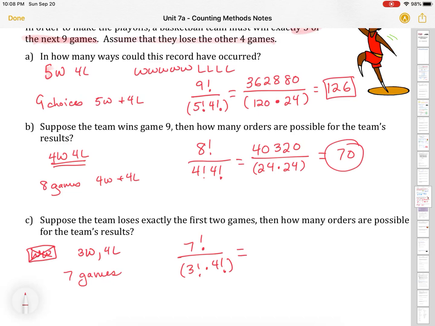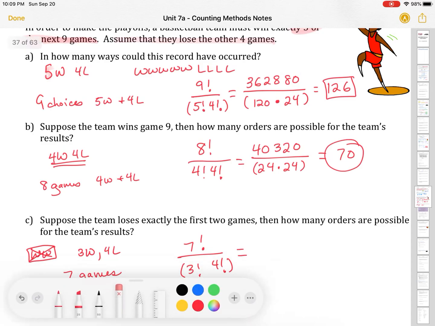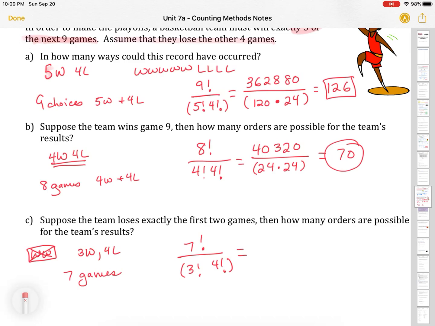So we'll have 7 factorial over 3 factorial times 4 factorial. 7 factorial is 5040 on the bottom. 3 times 2 is 6.